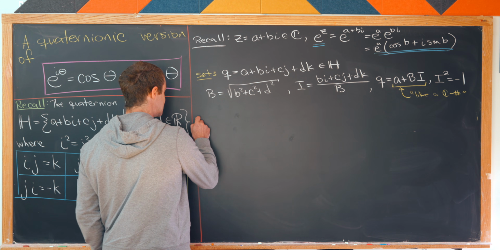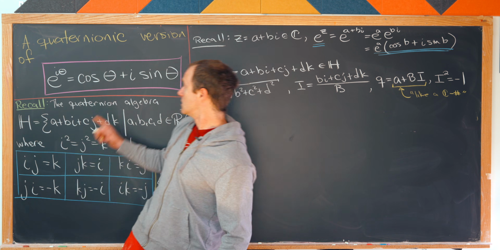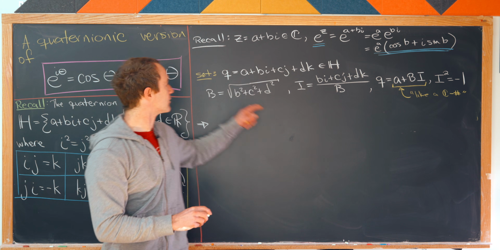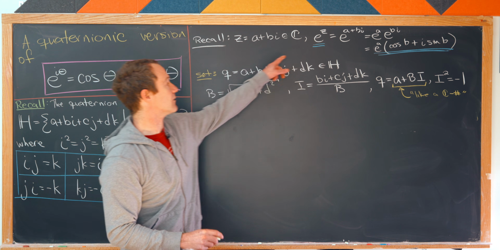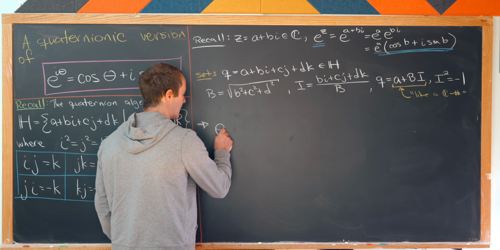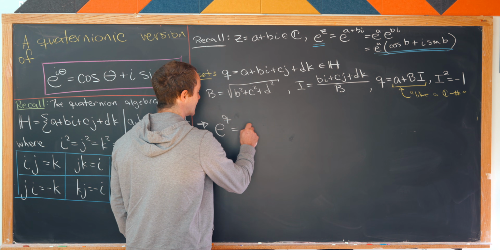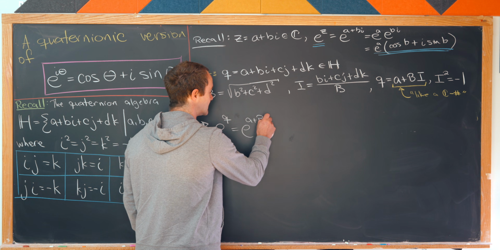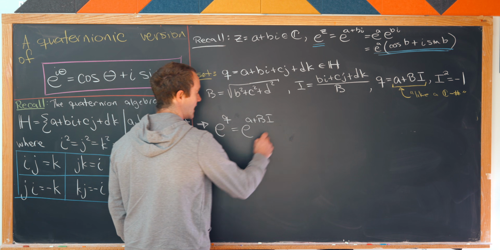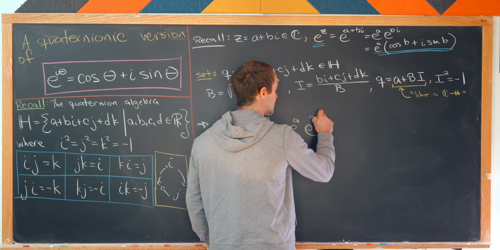Since it behaves like a complex number, we can exponentiate it using the complex exponential formula like this right here, or the more general version like this right here. So let's do that. Now e to the q will be the same thing as e to the a plus capital B times capital I, but that's going to be e to the a times e to the capital BI.